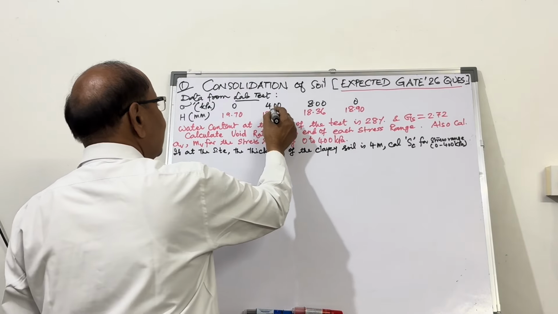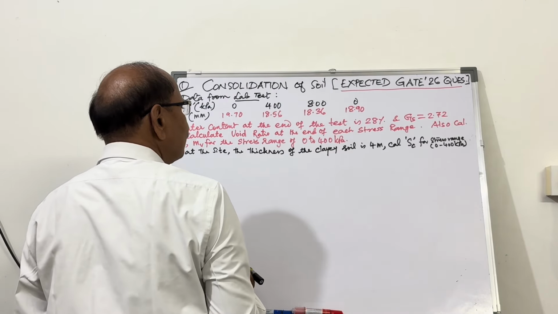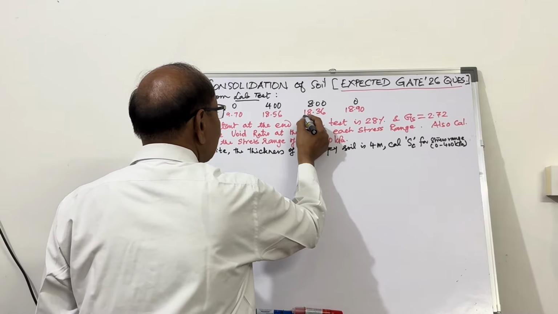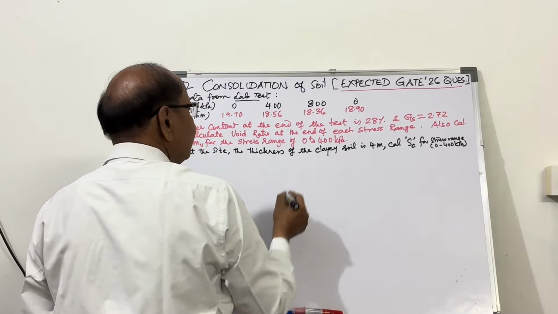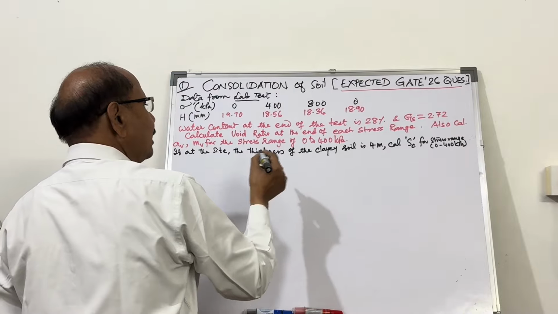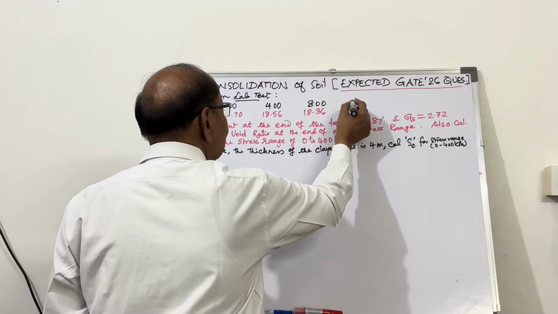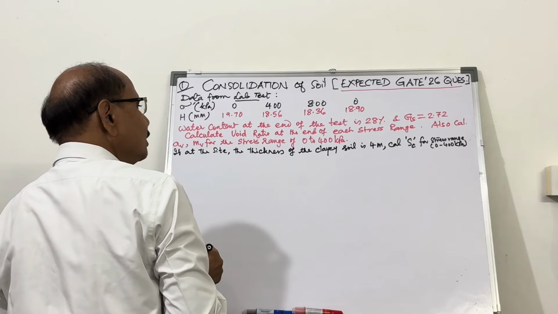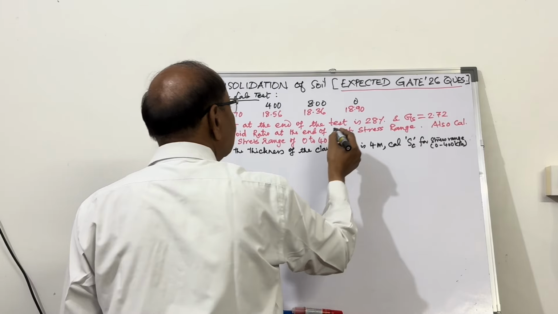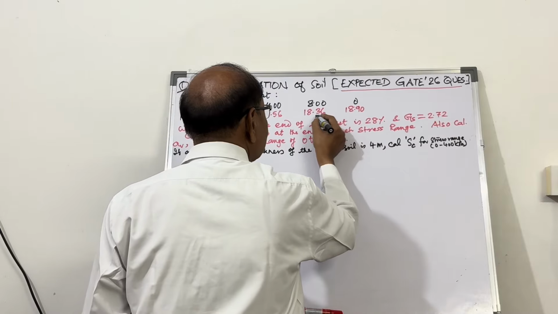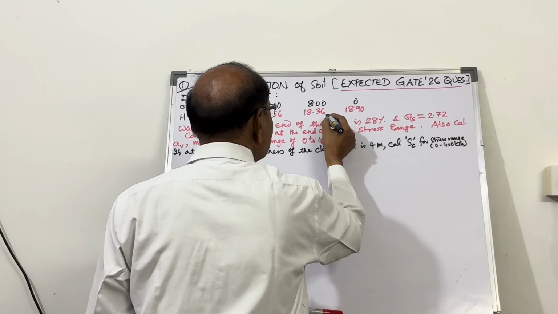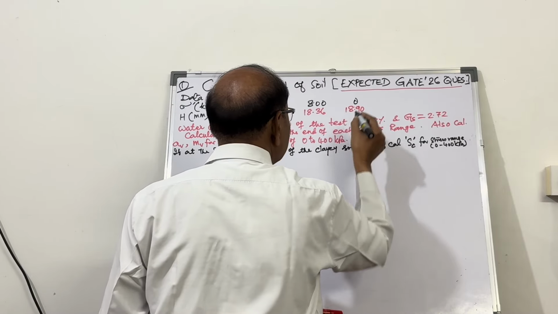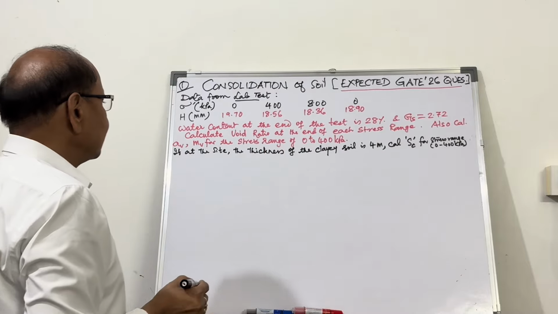Then again, the pressure has been increased from 400 to 800, thereby the thickness becomes 18.36 millimeter, and then it is completely unloaded. So the stress becomes 0 and there is a little increase in the sample thickness, from 18.36 it becomes 18.9 millimeter.